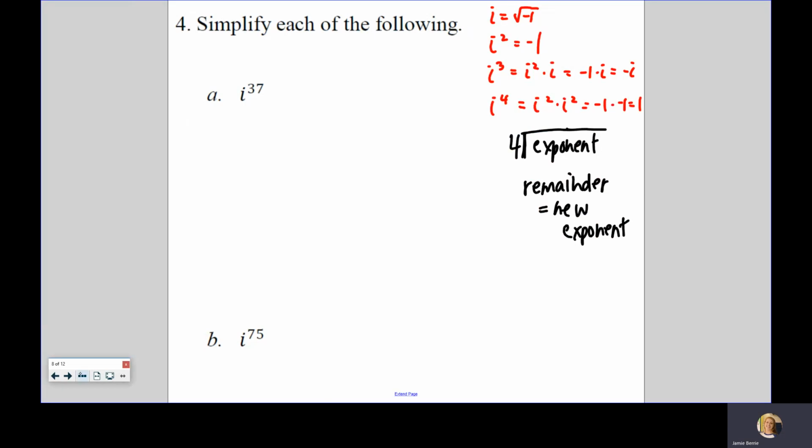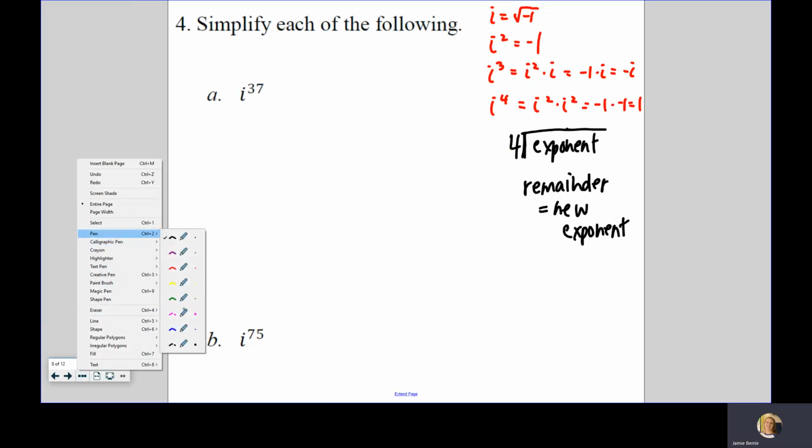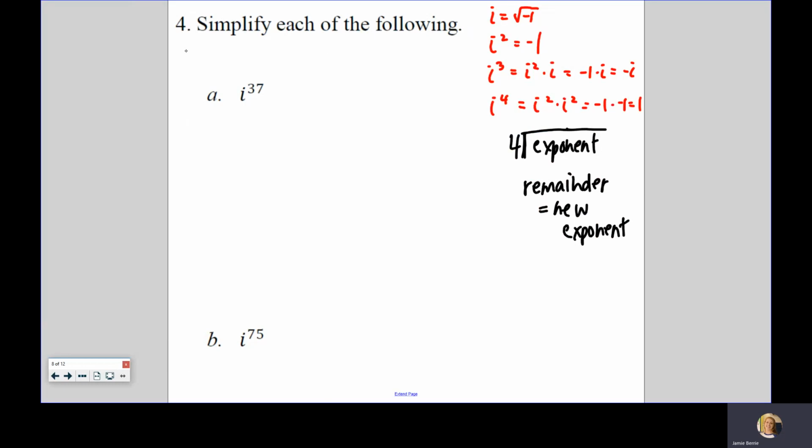Okay, so let's write out the little pattern up here, just so it's a little neater. We already have it written on the right in red, but we know that i squared is -1, i to the third is -i, and i to the fourth is 1. Okay, so let's start here. i to the 37th power.